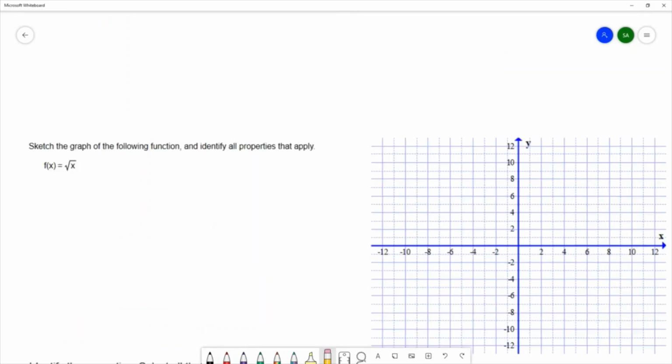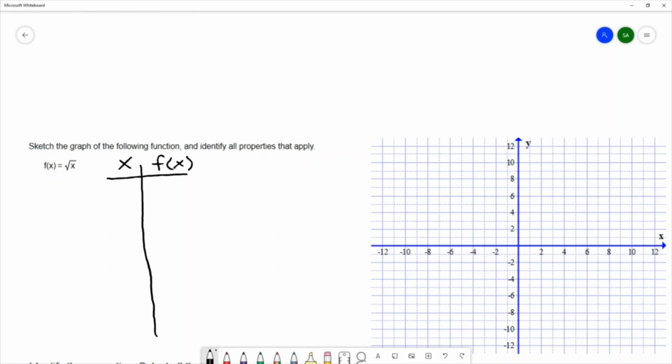For this question, we want to sketch the graph of the following function and identify all the properties that apply. Our function is f of x equals square root x. I'm going to graph this function using the plotting points method. And typically, I'll choose a standard set of points for my x's to then find the y values.